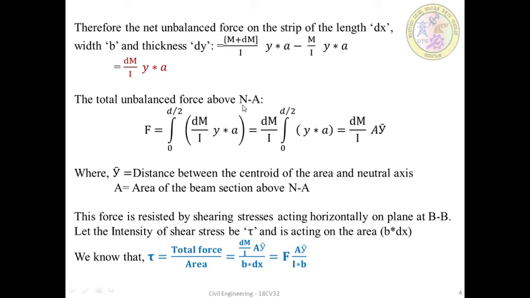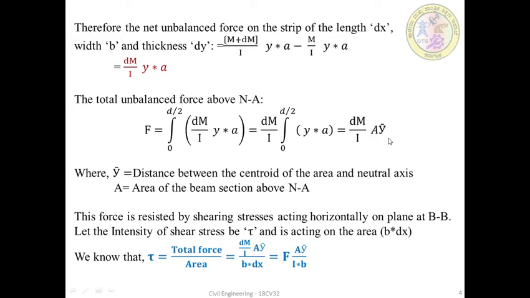Here dM and I are constants, so they are taken out, and y and a are the variables, so dM divided by I into the integral from 0 to d by 2 of y da, you will get that.